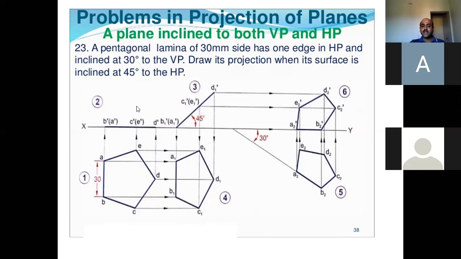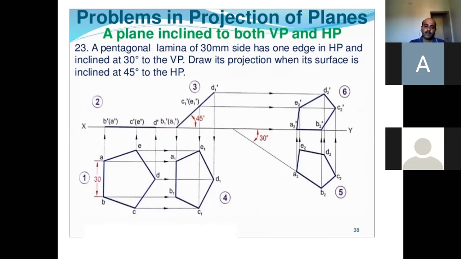Then the second condition we are supposed to satisfy is that its surface is inclined at 45 degrees to HP. So the lamina has to be tilted in such a way that it makes an angle of 45 degrees with respect to HP. This inclination can be seen in the front view.